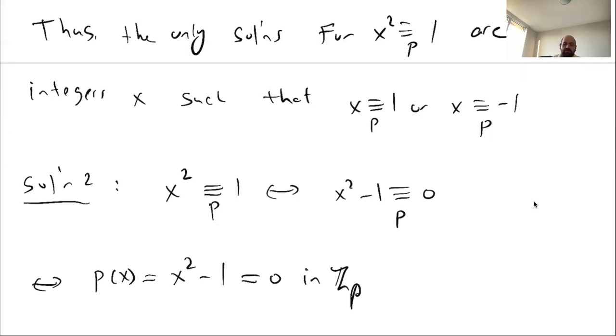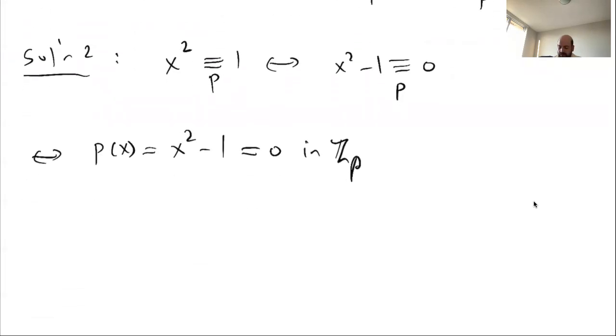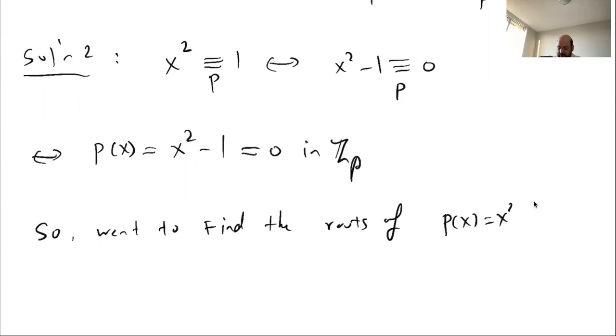X squared -1 congruent 0 mod P is the same as saying that x squared -1 equals 0 in ZP, because, as I repeated many times today, the equality of two numbers in ZP means that those two numbers are congruent mod P. Now I want to find the roots of P of x equals x squared -1 in ZP.